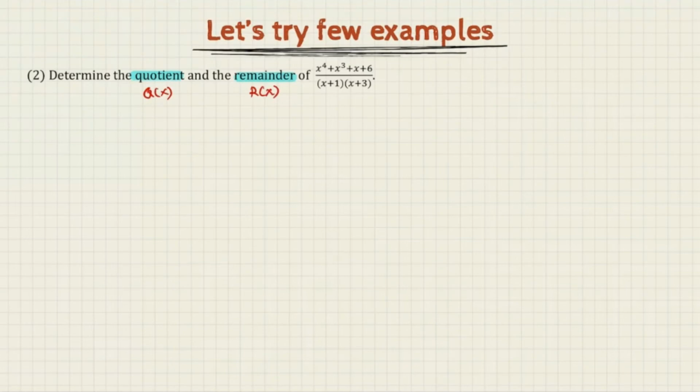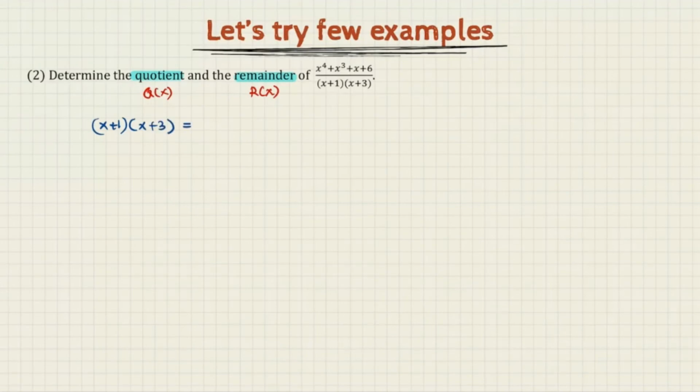So let's perform the long division first, but our denominator, or our divisor, is given in factorized form. So we expand it first. So x plus 1 multiplied by x plus 3.